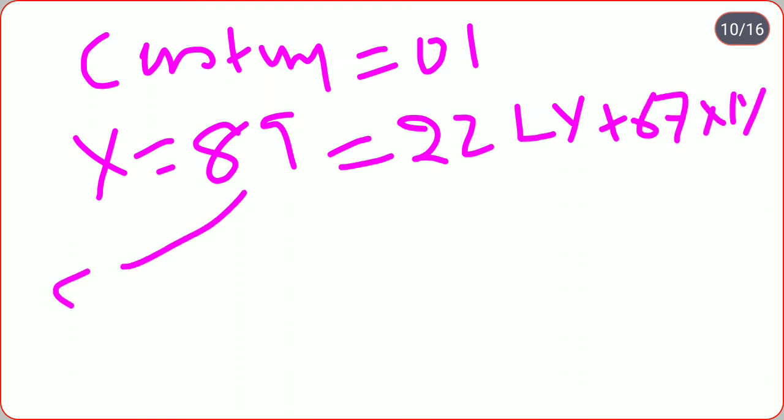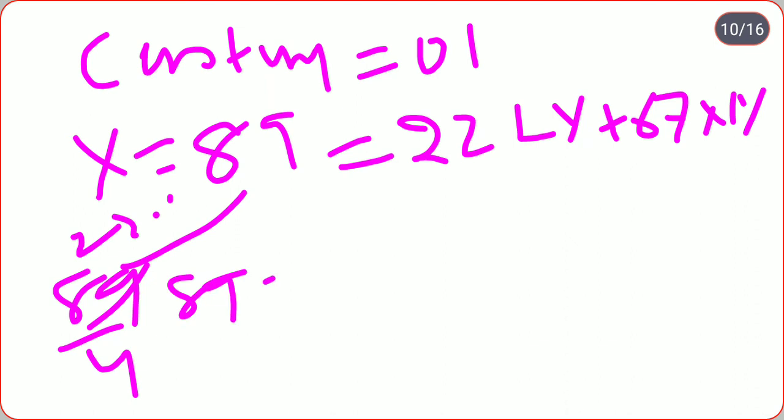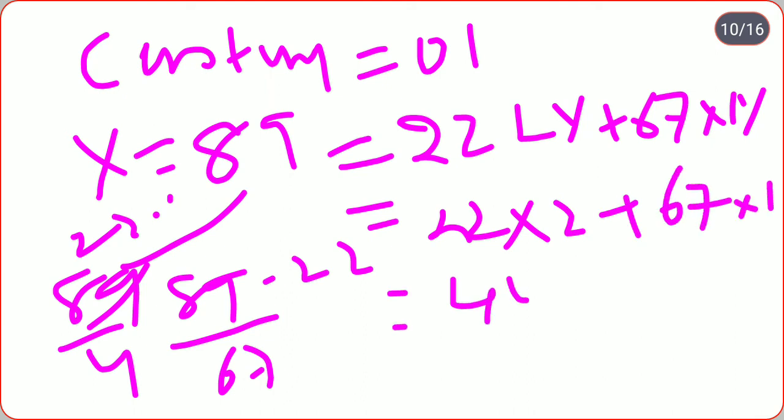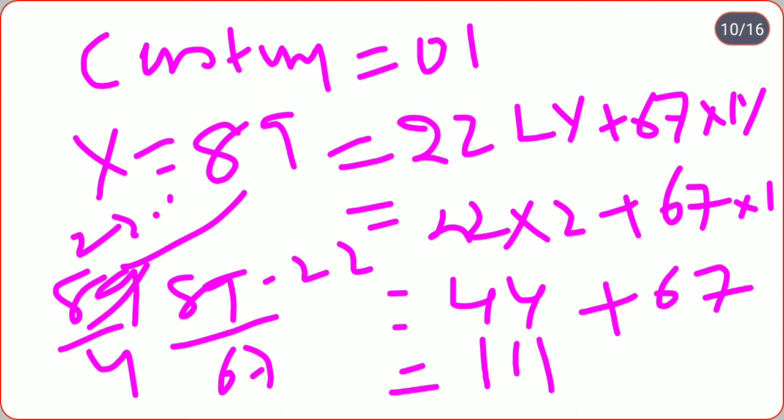How to find out: 89 by 4 is 22 point something, so 89 minus 22 is 67. So 22 into 2 for leap years and 67 into 1, that is 44 plus 67, equal to 111. The year code must be found out.